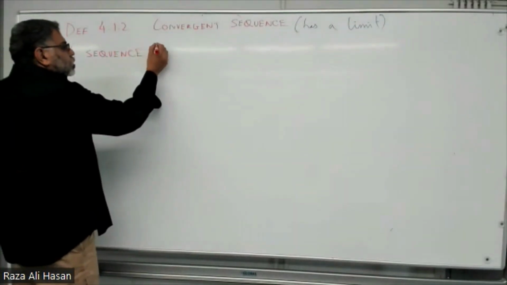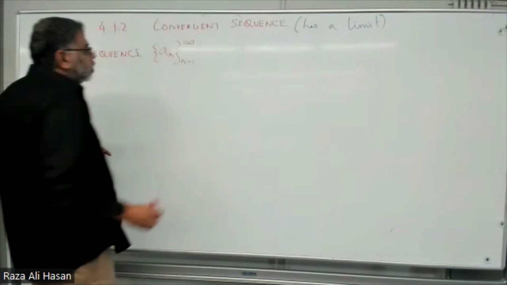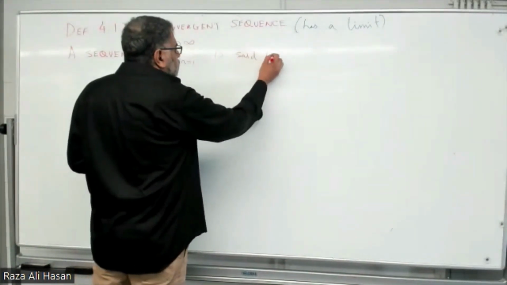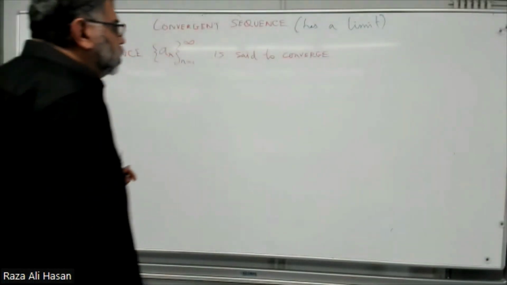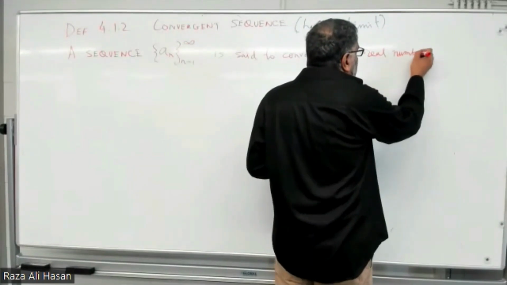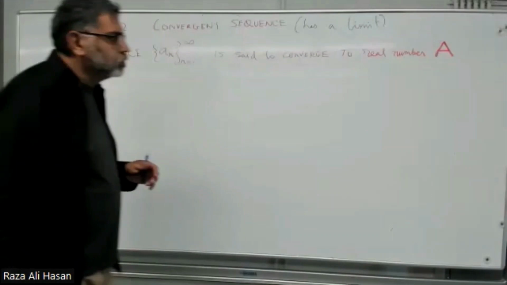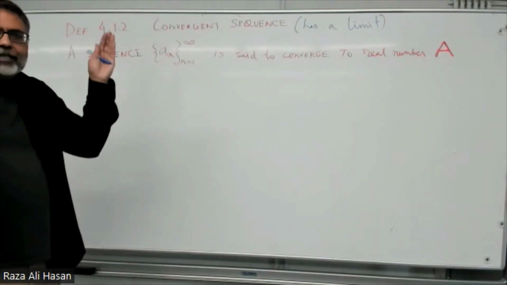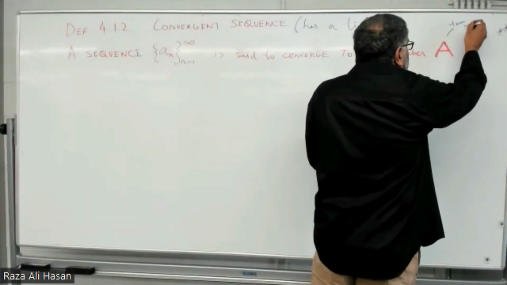So a sequence, and let's use the notation that Belding and Mitchell use, a_n from n equals 1 to infinity, is said to converge to a real number A. An infinite sequence is said to converge because it clusters around the limit A, and remember it's a real number, that means this is a term in the sequence.